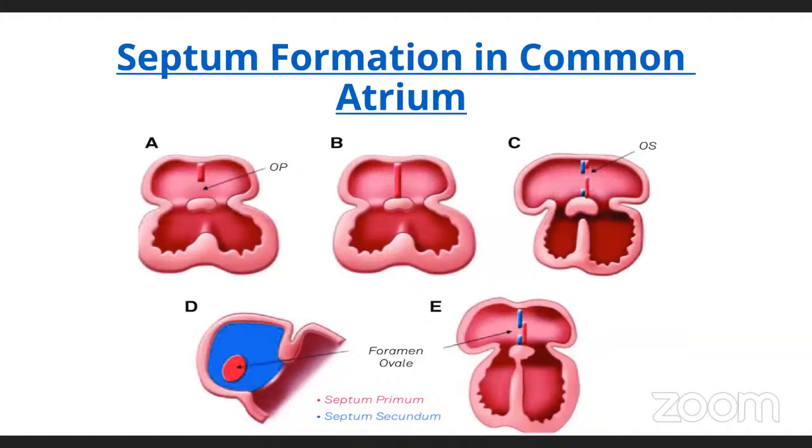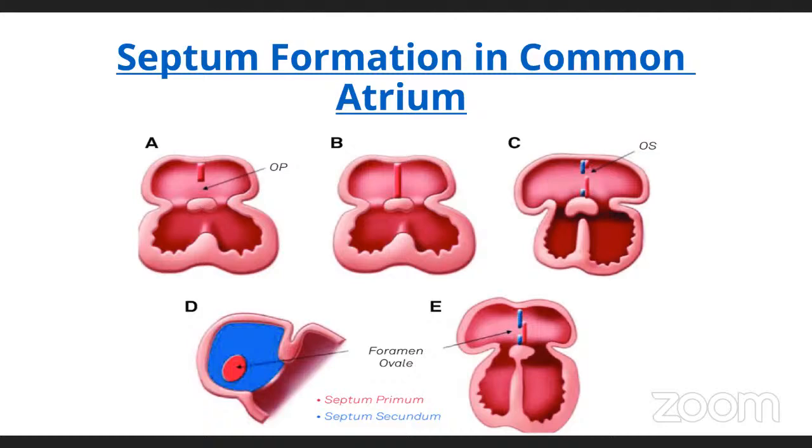Now let's separate the atria. Coming down in the middle of this primitive atria, you're going to find a little septum, almost coming all the way down to meet the septum intermedium.